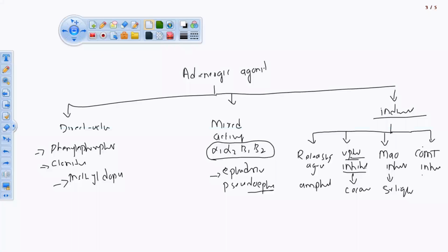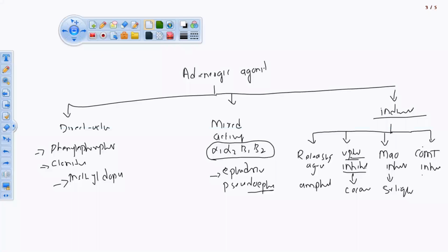If you got the question in examination, classify the adrenergic agonist drug. See whether agonist is there or antagonist is there. Agonist drugs are different, antagonist drugs are different. Make sure whether it is agonist or antagonist.